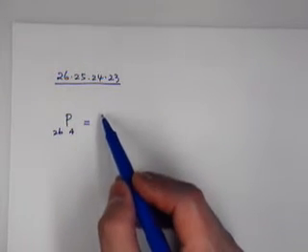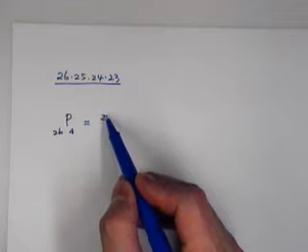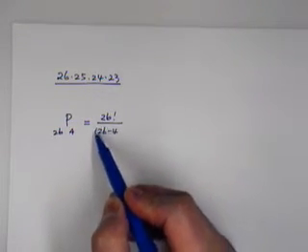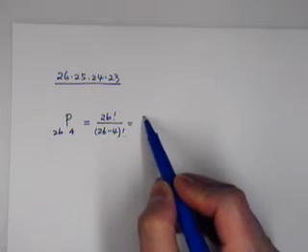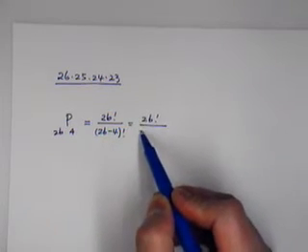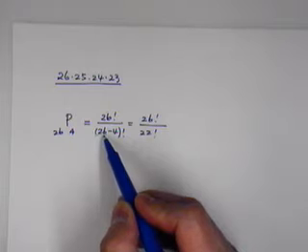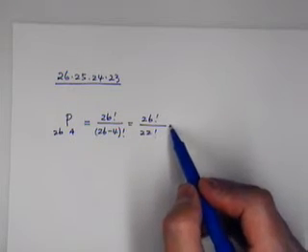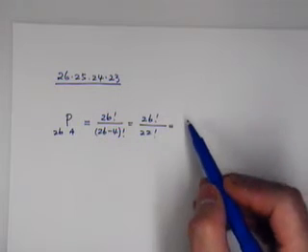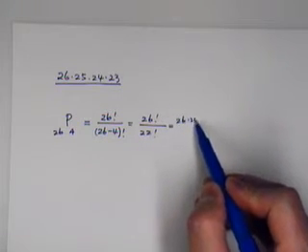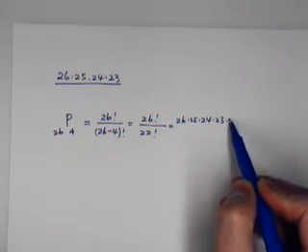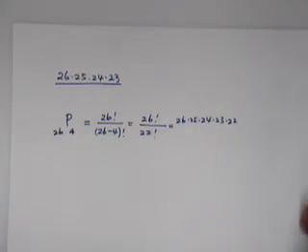Applying the formula is n factorial. n is what? Totally 26, so 26 factorial, divided by 26 minus 4 factorial. That's if you apply the formula: 26 factorial divided by 22 factorial, since 26 minus 4 is 22. Now this 26 factorial, if you know the definition, is 26 times 25 times 24 times 23 times 22 times 21 and keep going.